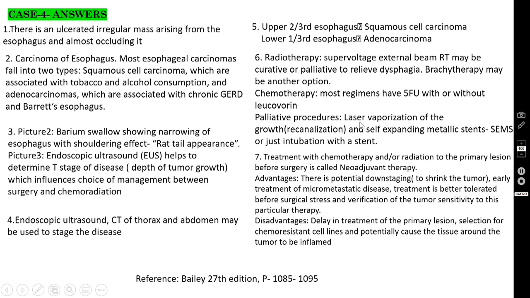Palliative procedures like laser vaporization of the growth and self-expanding metallic stents, that is SEMS, or just intubation with a stent. All these are palliative procedures, because the majority of our patients come very late in an advanced stage. So you cannot do a definitive procedure, you can do only a palliative procedure.